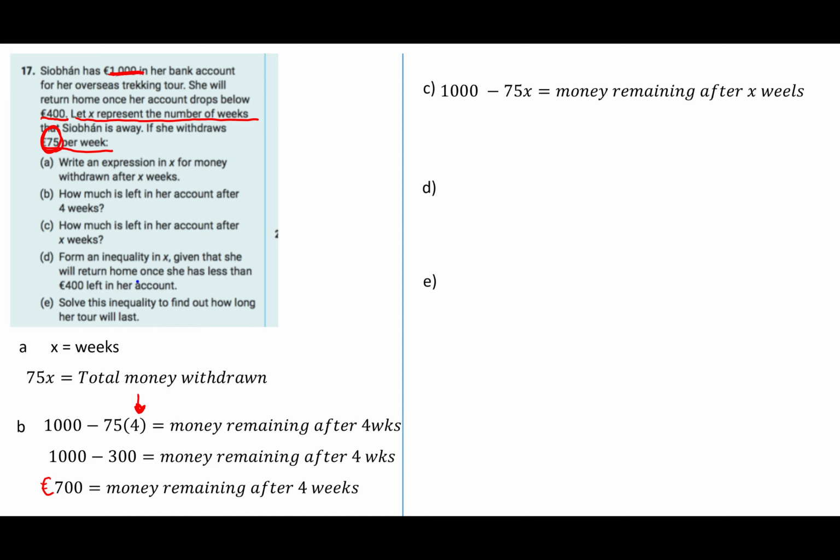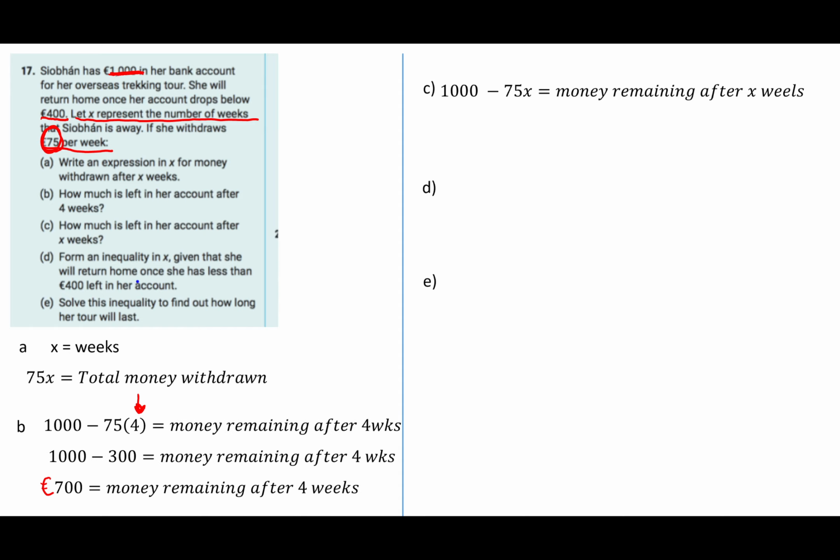Let's look at part D. Form an inequality in X given that she will return home once she has less than €400 in her account. Let's write our inequality. So we know that 1,000 minus 75X is the money remaining.